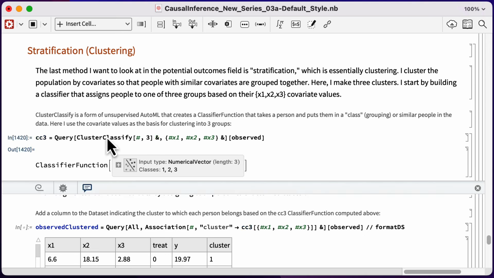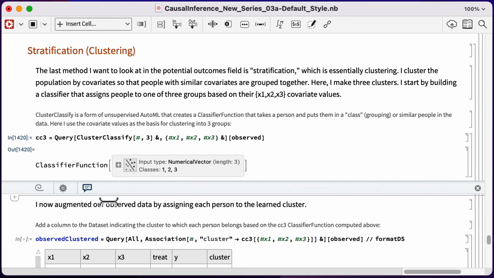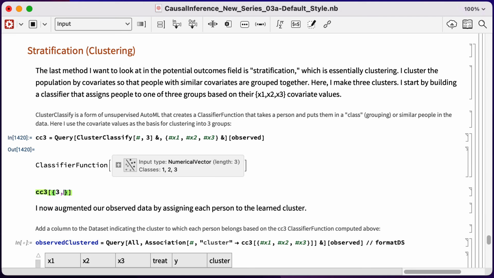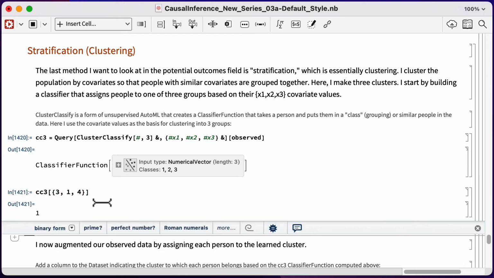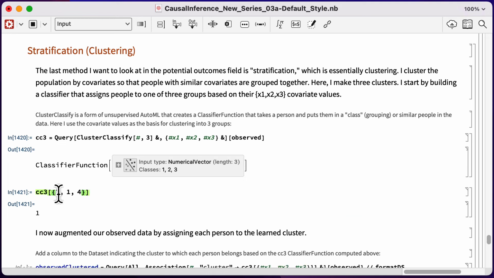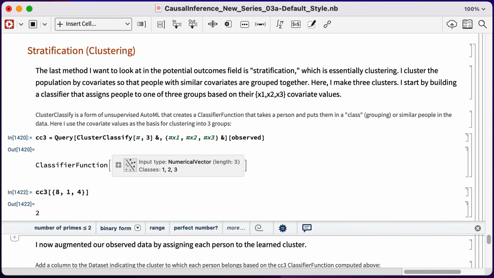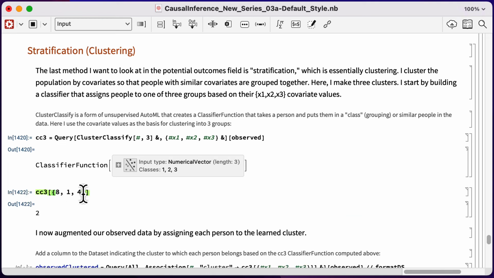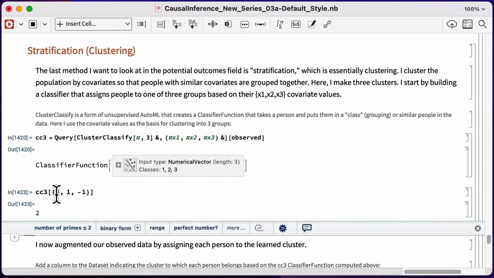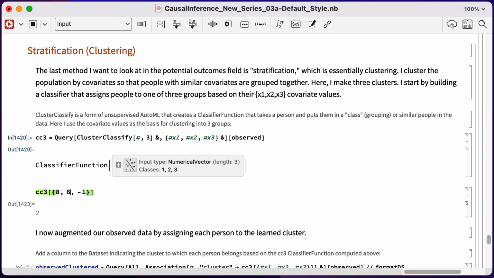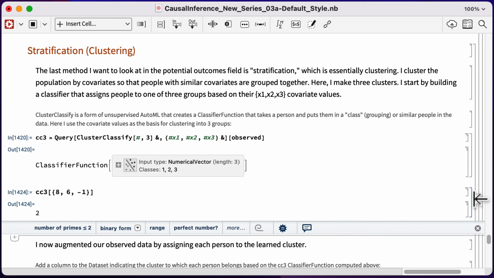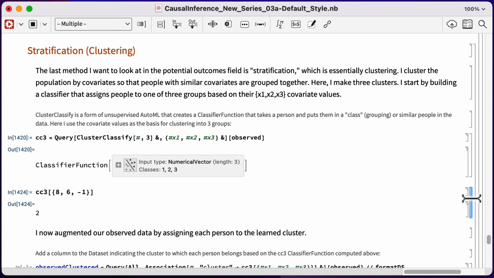So we're going to build a classifier that can take a person's x1, x2, and x3 values and assign them to a cluster. Okay, that person goes to cluster 1. This person goes to cluster 2. That person goes to cluster 2. I'm having trouble getting someone to cluster 3, but trust me, there is somebody.